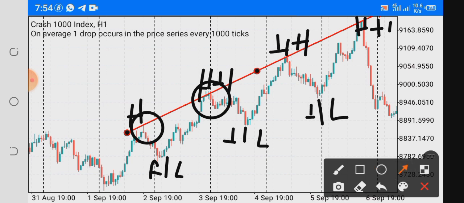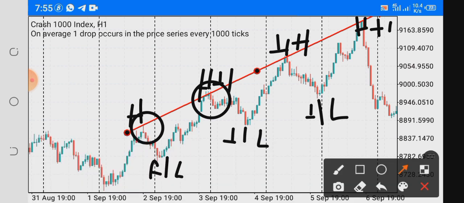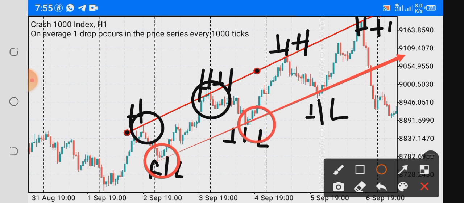Let me use this to also draw another trend line. So we have this as another trend line, right? Here is one higher low, two or more higher lows.